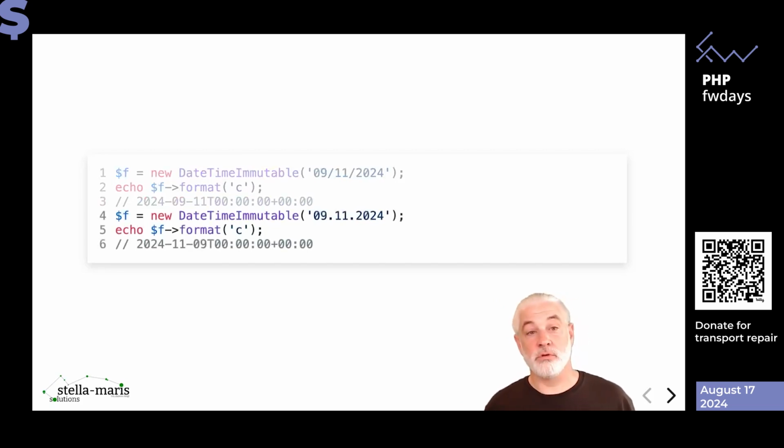And if you do that with a different kind of separator, like dots, it will understand, oh yes, now we're talking about the 9th of November, 2024. So that's kind of a way to do that. I'll get to how to make 100% sure that you know what you're getting in.